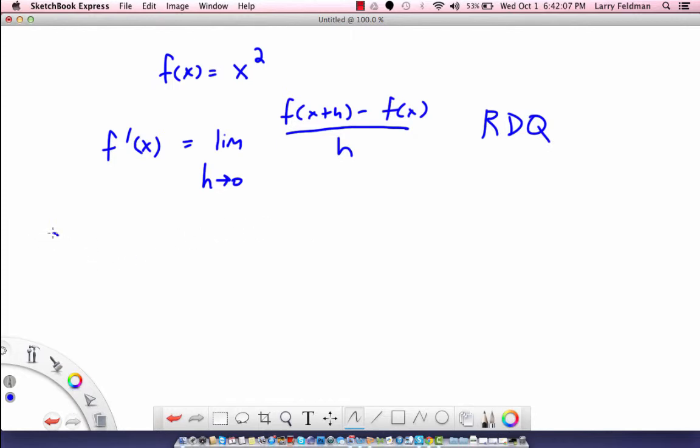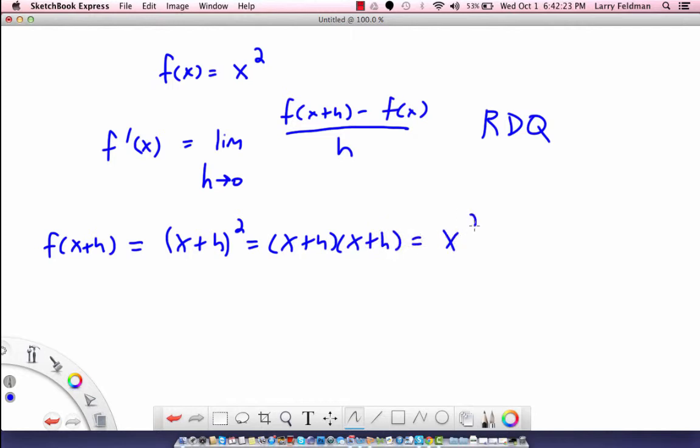Now, let's look at f of x plus h. To figure that out, wherever there's an x, we substitute x plus h. So we have x plus h squared, which is x plus h times x plus h. Foiling, we get this.